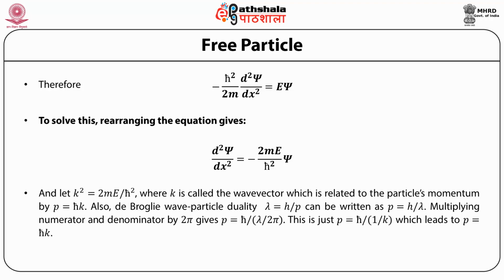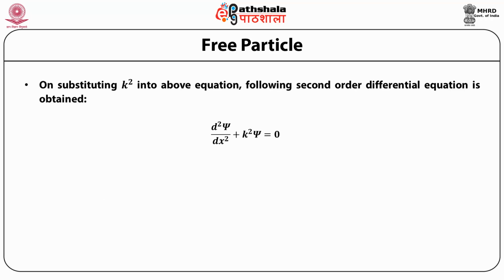This is just p equals ħ times 1 by k, leading to p equals ħk. On substituting k squared into the above equation, the following second order differential equation is obtained: d squared psi by dx squared plus k squared psi equals 0.